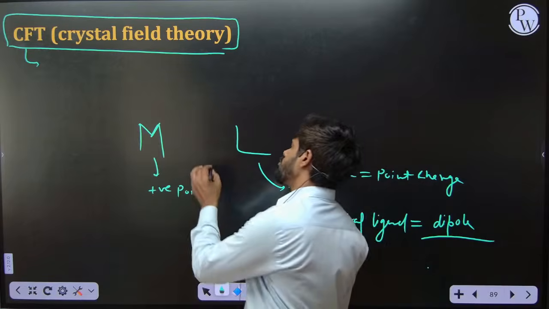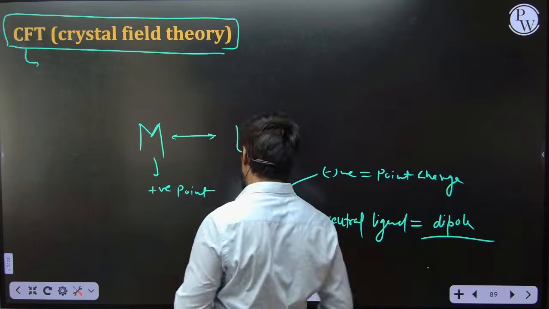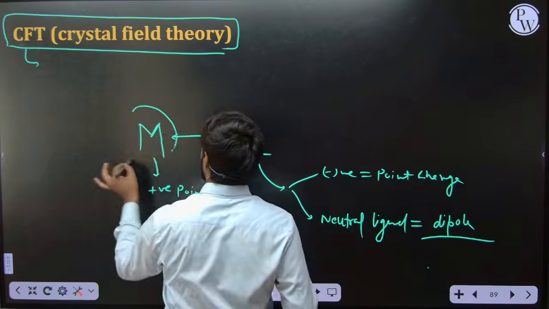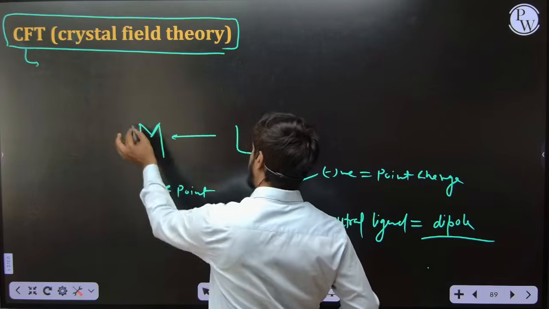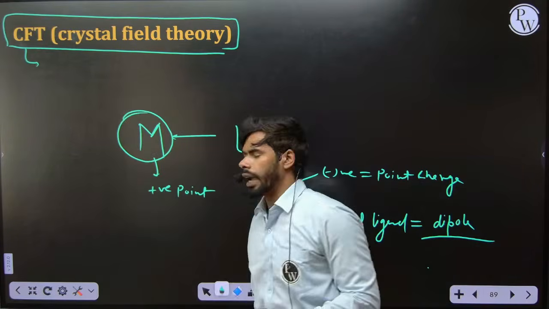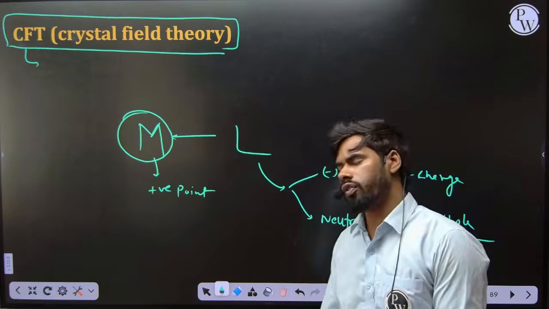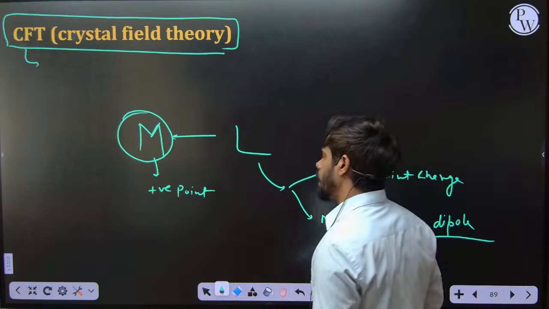Now they will interact with each other. Now the ligand will approach the central metal atom, and due to that, the energies of the d orbitals vary.